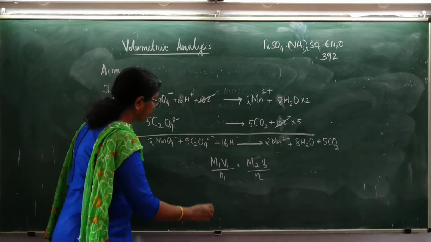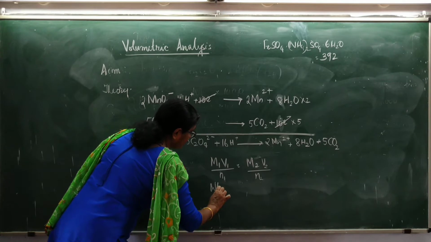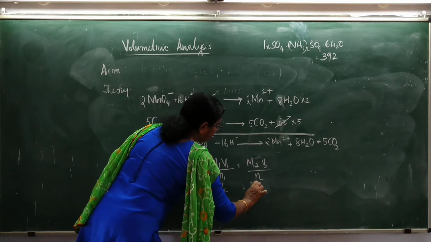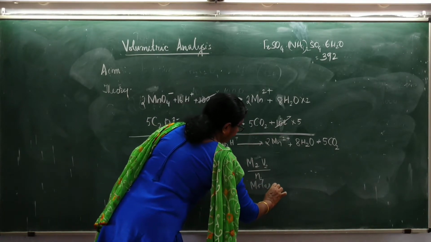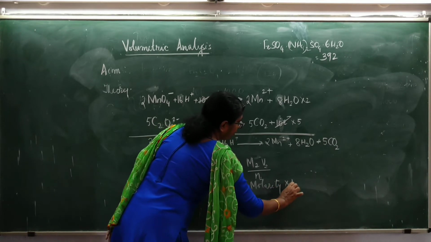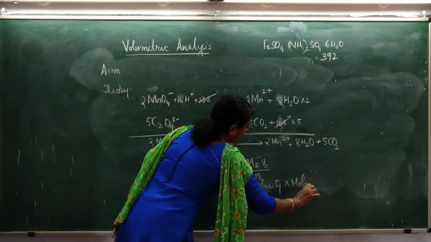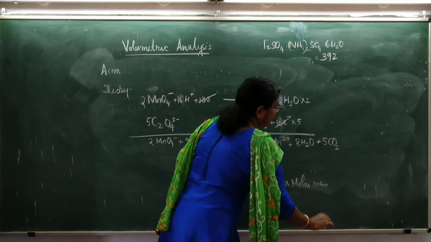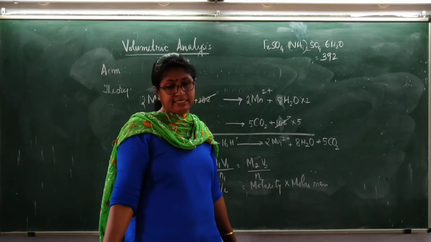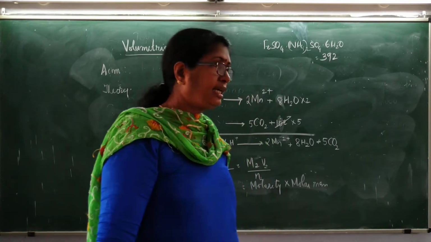Okay. So you can also calculate weight per liter is equal to molarity into molar mass. Molar mass of potassium permanganate is 158. Using that you can calculate the weight per liter.